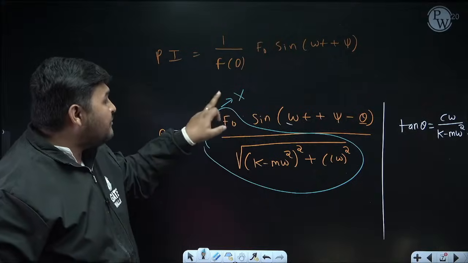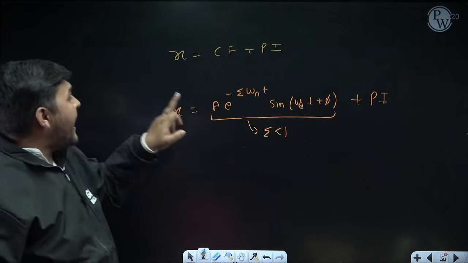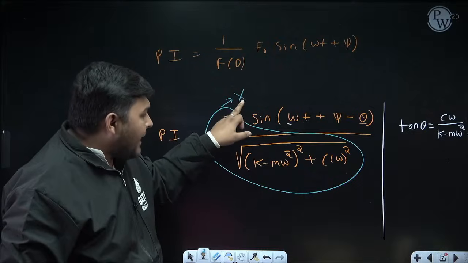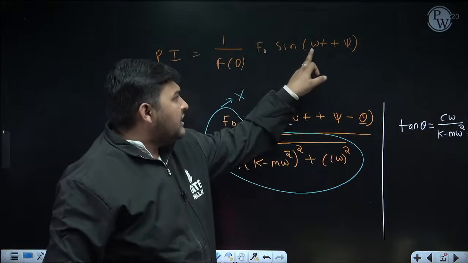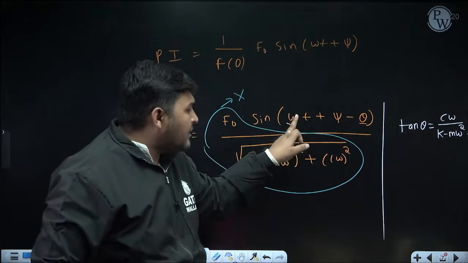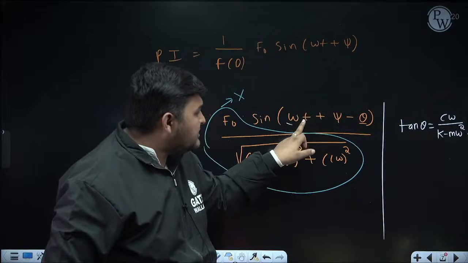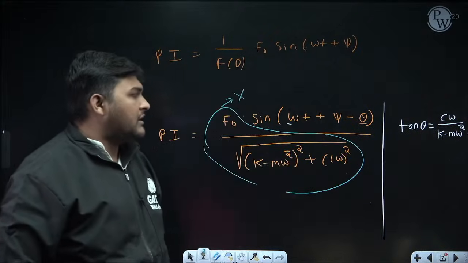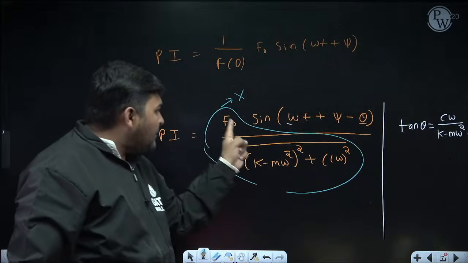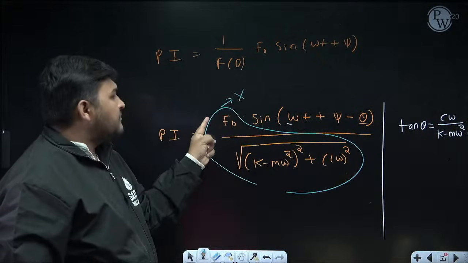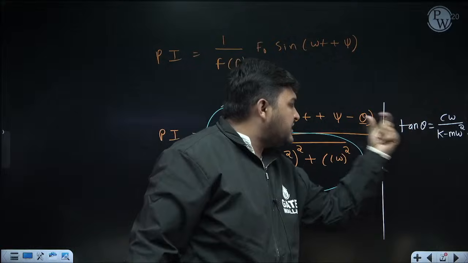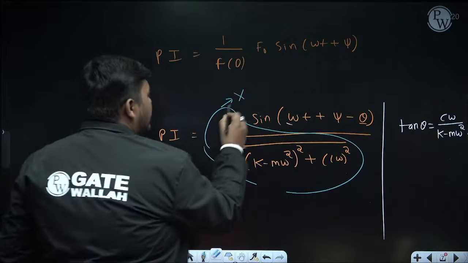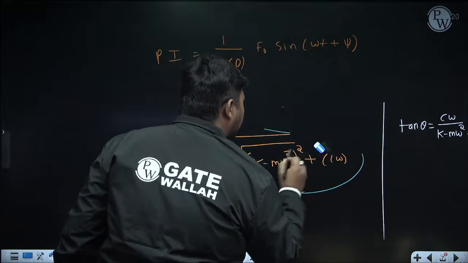It is not the amplitude of the force, it is the amplitude of pi, which is capital X sine of omega t plus psi. So here it will come omega t plus psi, meaning the frequency is the same, but along with it minus theta will come. This is the formula to calculate capital X, and this is the formula to calculate theta. So you can also write it like this.